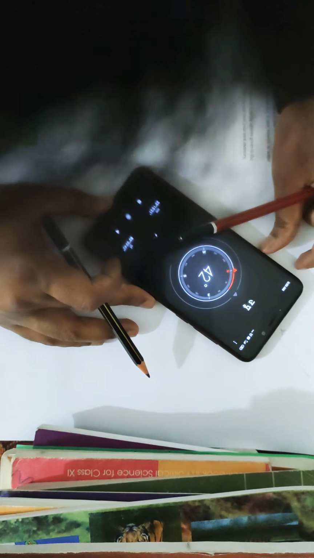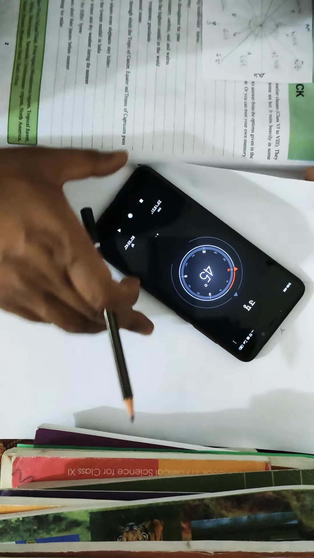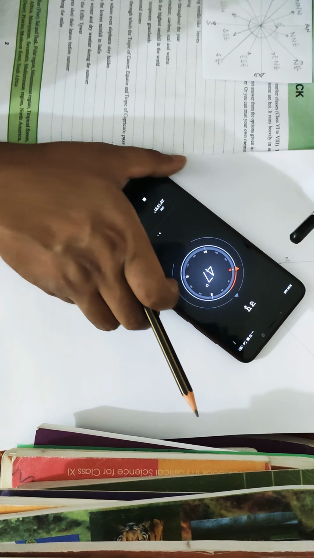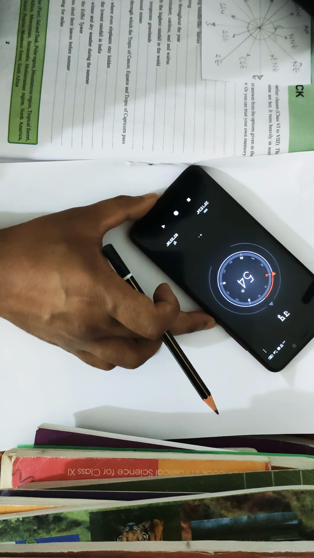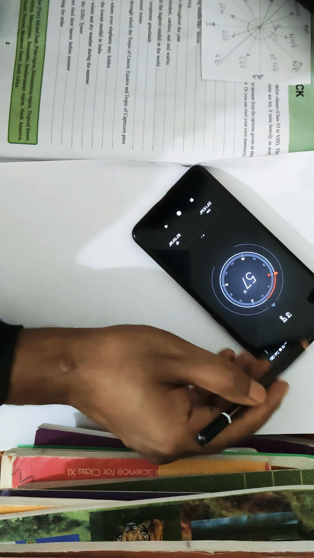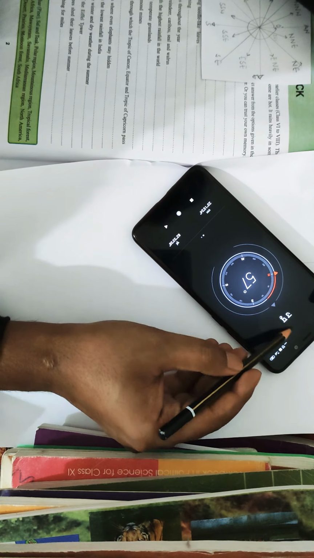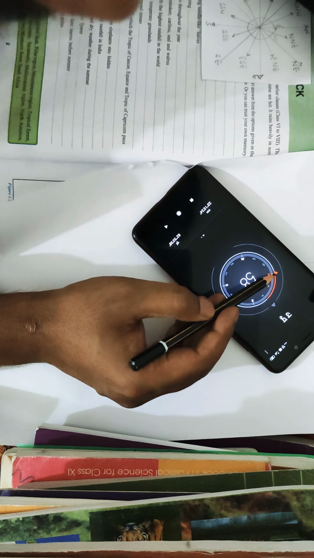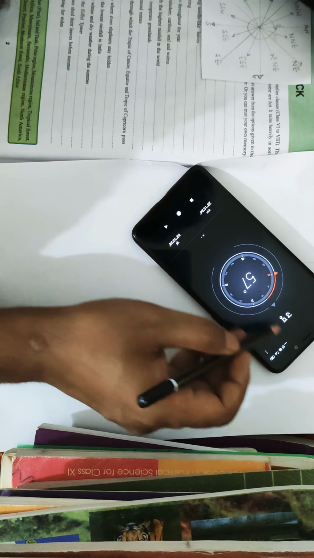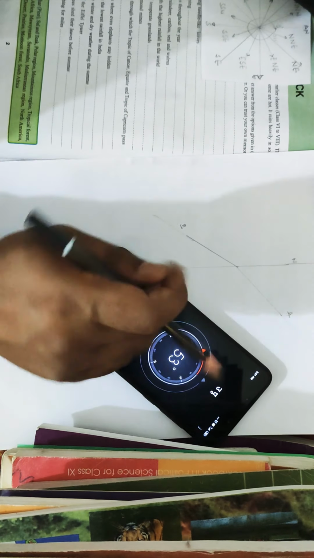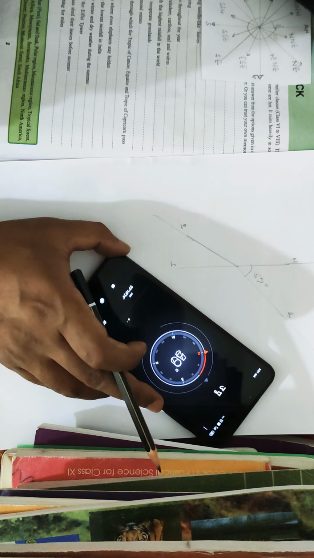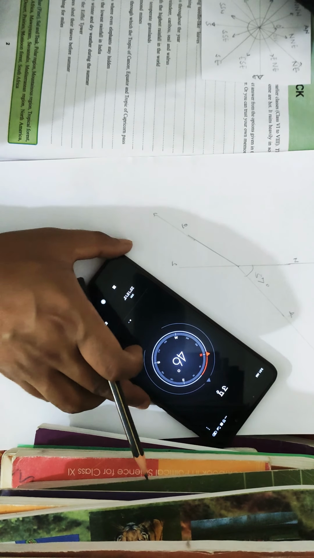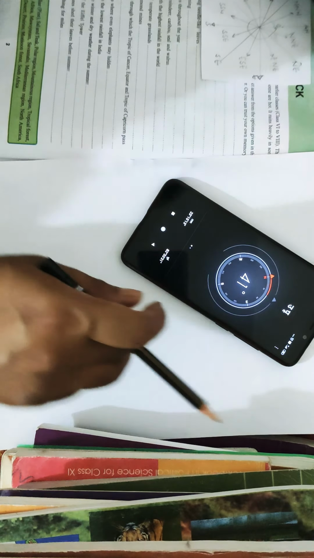Now see, I think this is the point. This angle is meeting with this line, and this is to the north, so this angle is nearly 57 degree. Okay, and what about B? So again I am moving it further.